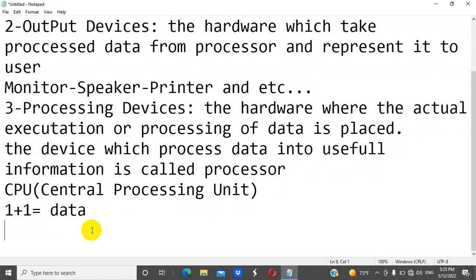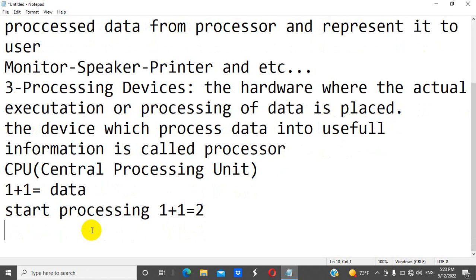Then the sound goes from your ear to your brain, and your brain starts processing it. Your brain has the ability to perform this calculation. You think, and after that your brain calculates it: 1 plus 1 equals 2. So your brain is your processing device. After that, you tell the result by your tongue.